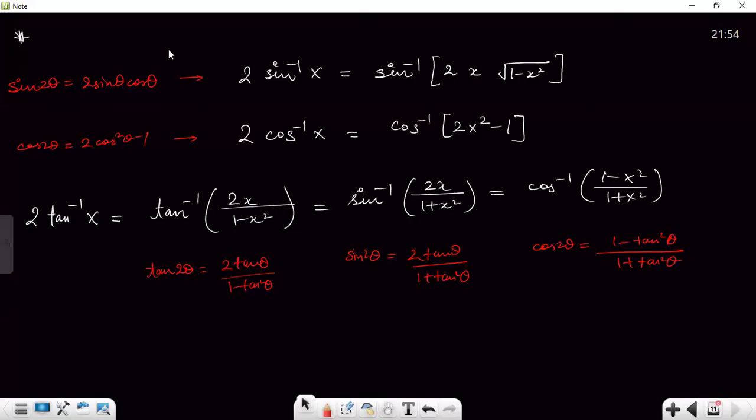Sin 2 theta is equal to 2 sin theta into cos theta, which is now manifested in the form of 2 sine inverse of x is equal to sine inverse of 2x into square root of 1 minus x squared.